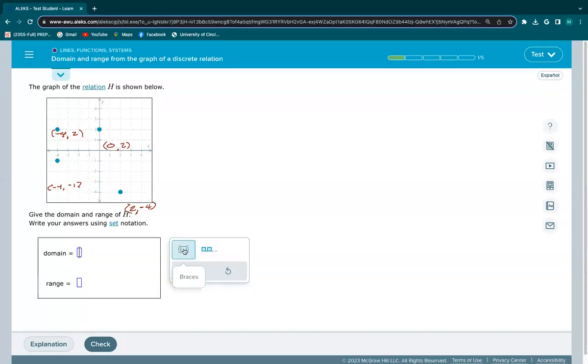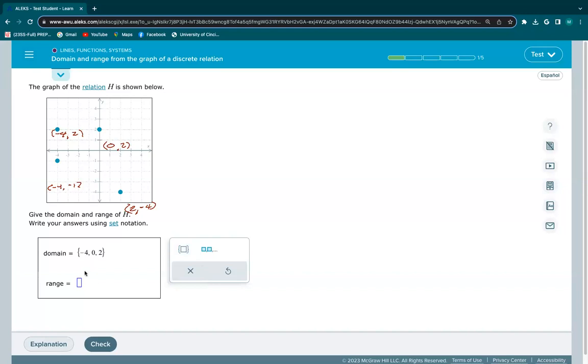You need to have the braces or it will count it wrong. So from left to right, I have a -4 for that very first point that I labeled. Now the next one that I labeled is right below it. So this isn't a function, it is a relation. There are 2 possibilities if I was at -4 of where I was going to go. So that's why it's not a function, but I only need that -4 once because I'm using it for more than one point. 0 and 2.